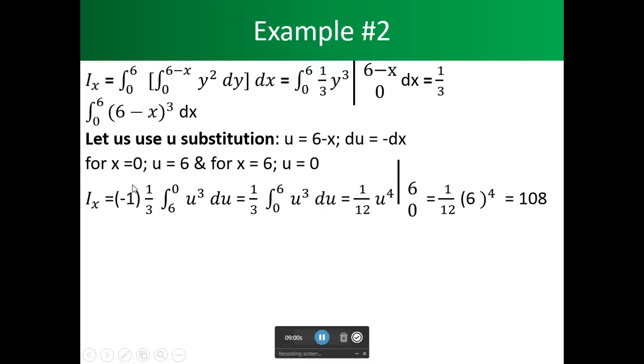So it'll be a minus du, and then we have u raised to the 3rd power, so this would be u cubed. Now, notice we said that the limits go from 6 to 0. If we want to reverse it, this is multiplied by -1, so this can reverse the limits. So the limits will now go from 0 to 6. Nothing else changed. Still got u cubed du.